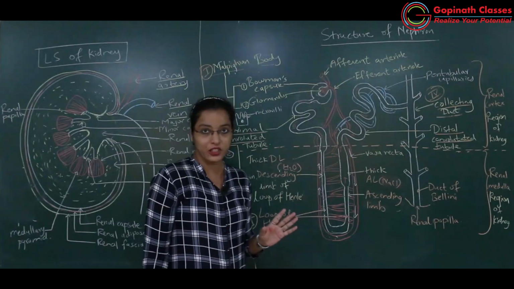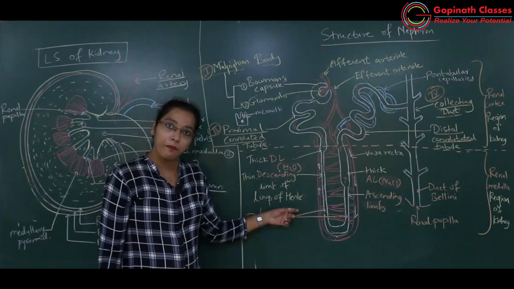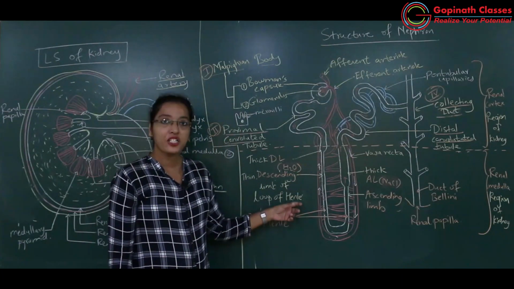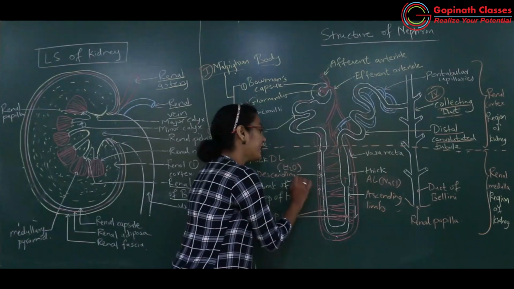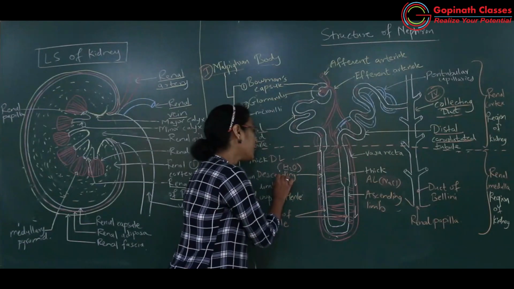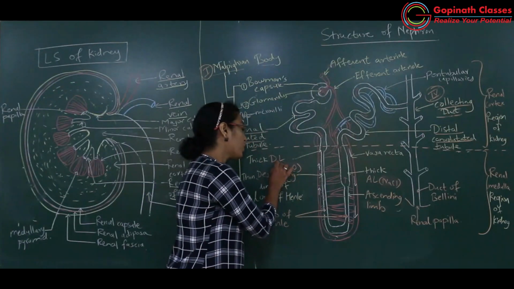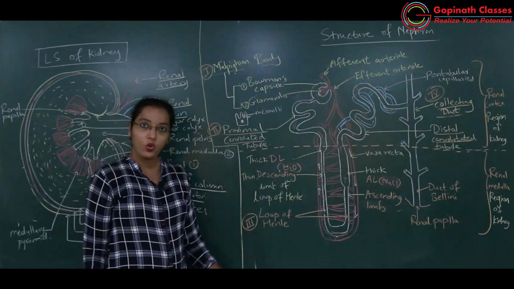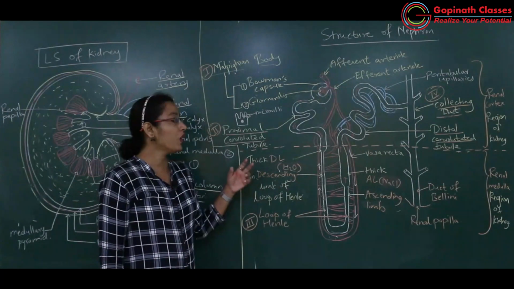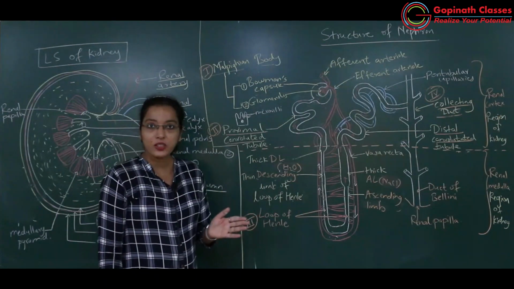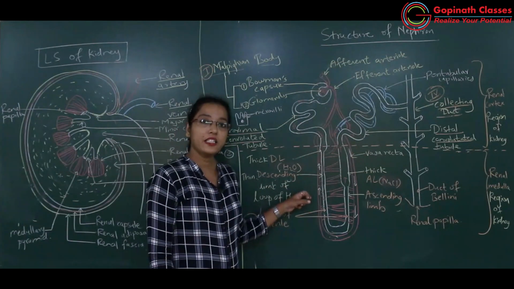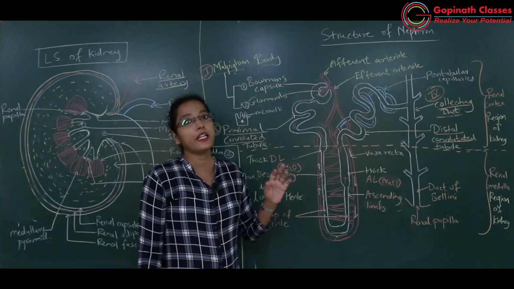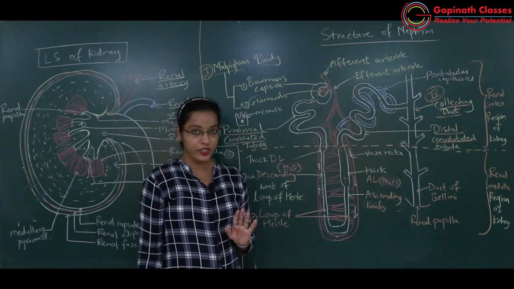NaCl cannot pass from the tubule into the blood. So Na positive, Cl negative, NaCl will not enter the blood through the descending limb. So the descending limb will only be responsible for reabsorption of water. It is permeable to water but impermeable to salts.